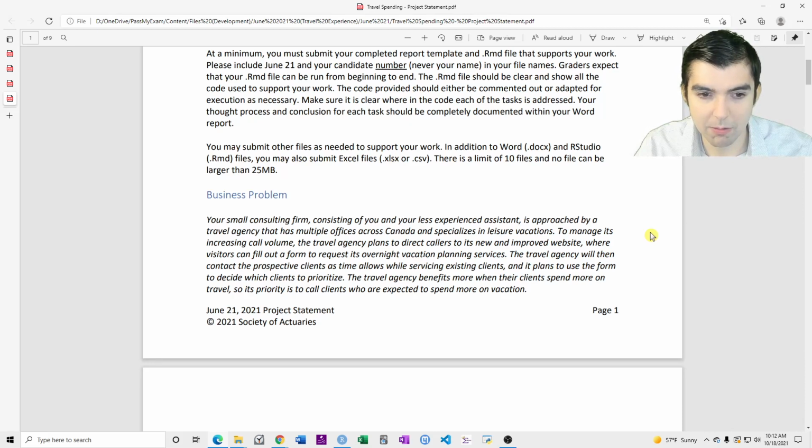The travel agency will then contact the prospective clients as time allows while servicing existing clients, and plans to use the form to decide which clients to prioritize. The travel agency benefits more when its clients spend more on travel, so its priority is to call clients who are expected to spend more.